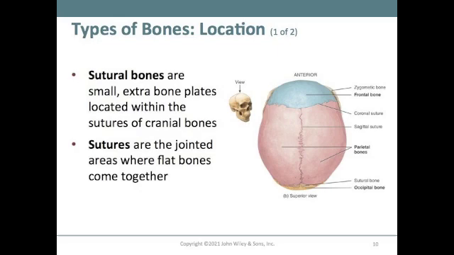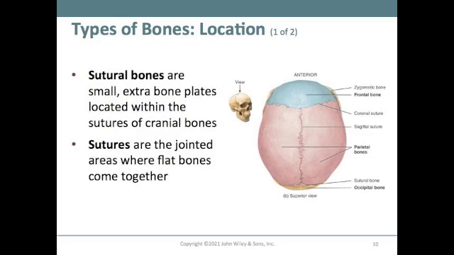This one talks about sutural bones and sutures. In the skull you've got these sutures, and a suture is really just a place where two bones in the skull are joining together. The idea of a sutural bone is that as you age, these sutures start out as cartilage, as we'll learn later in tonight's lecture on fontanelles.